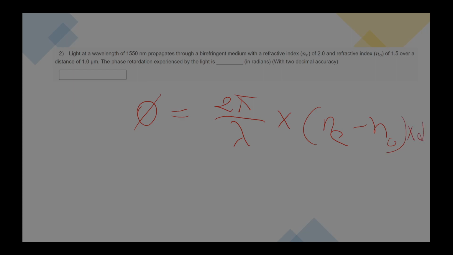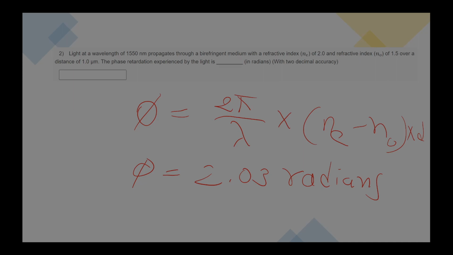Distance, wavelength, refractive index Ne and refractive index No, all these values you have to put. Then we get the phi value. Sorry, this is 2.03 radian.